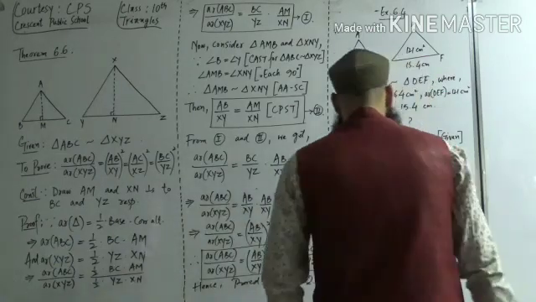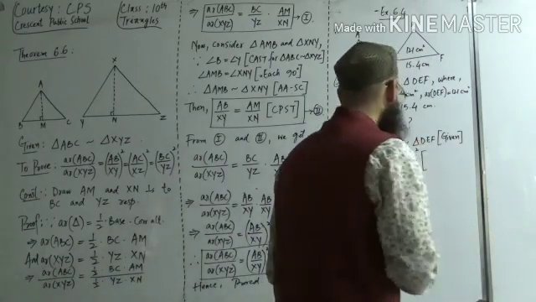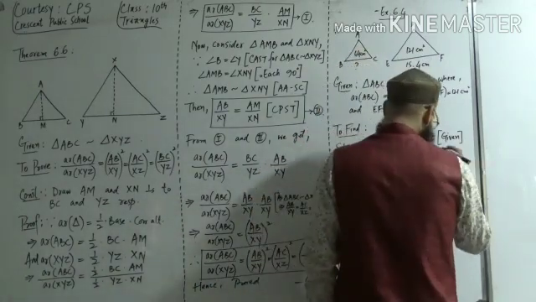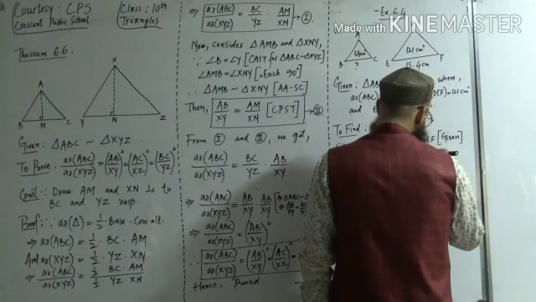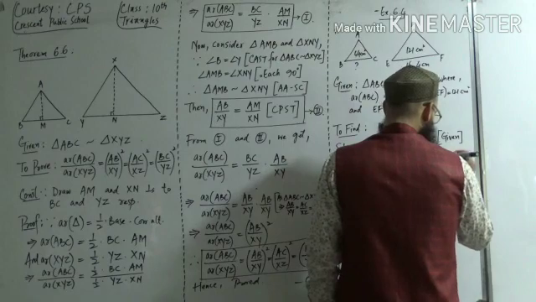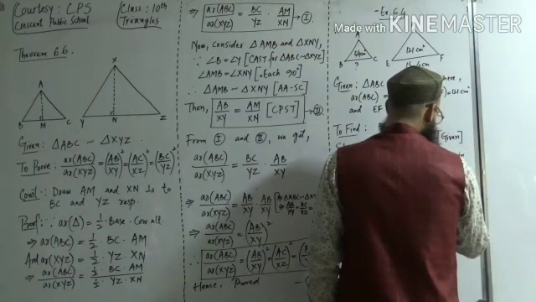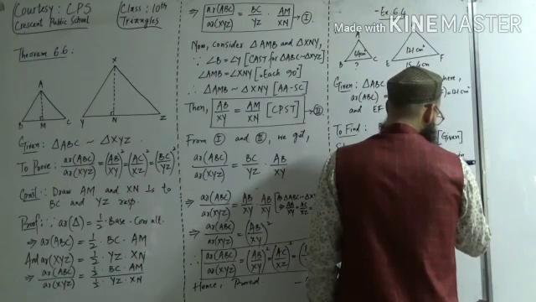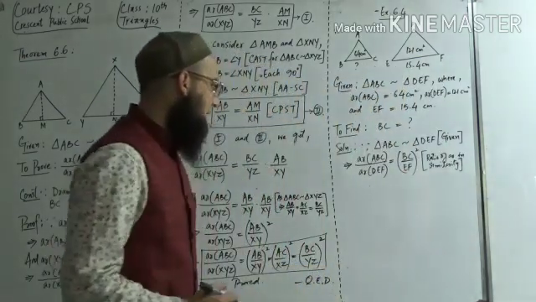So the reason is from 6.6, or you can say ratio of areas in similarity.